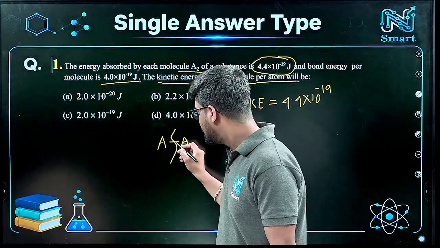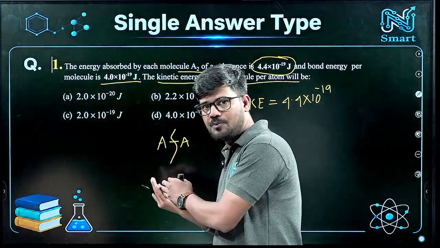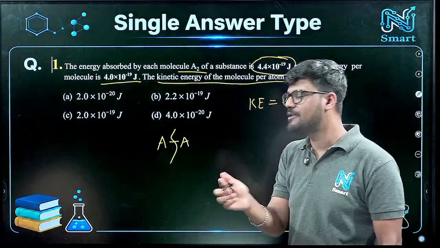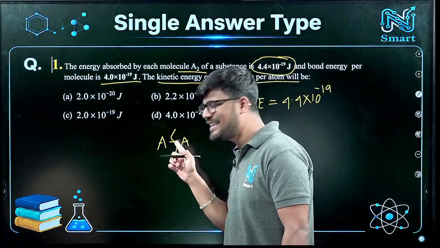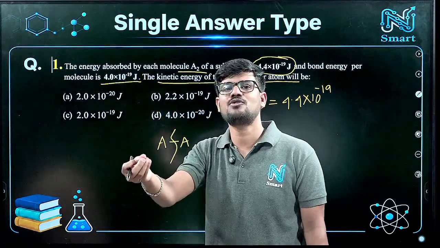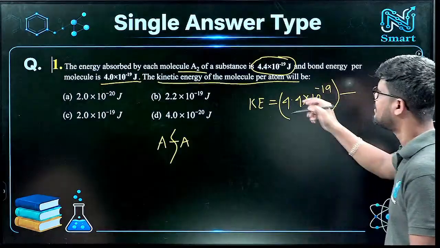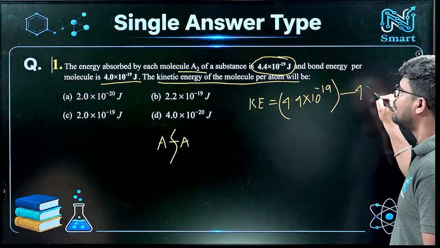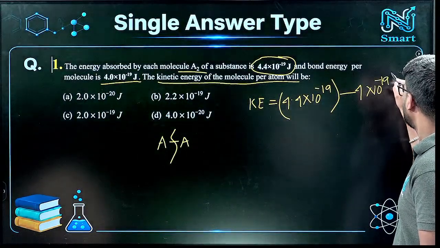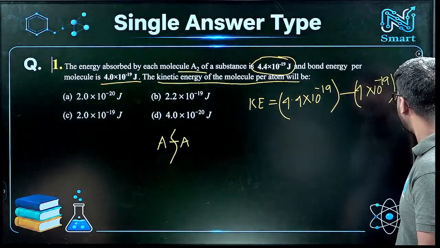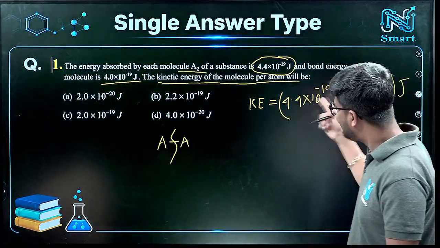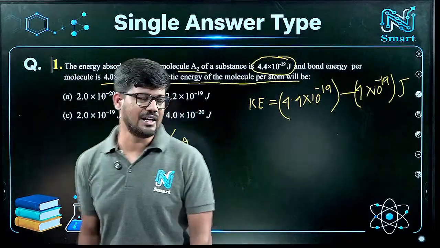So first, whatever energy it absorbs, some portion will be spent to break this bond, and that excess energy will be converted to kinetic energy. Simple calculation. So this is kinetic energy minus 4 into 10 to the power minus 19. So whatever you are getting, and unit will be the joule, this energy will be converted to kinetic energy.